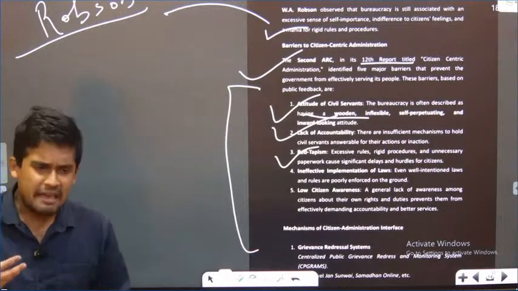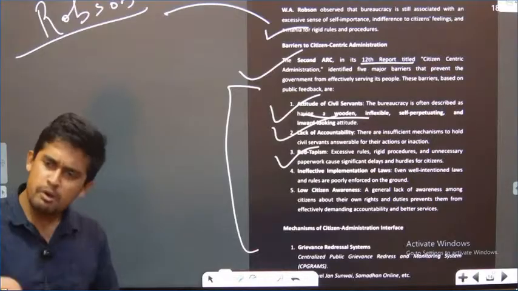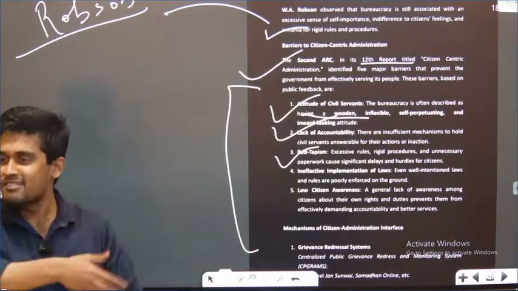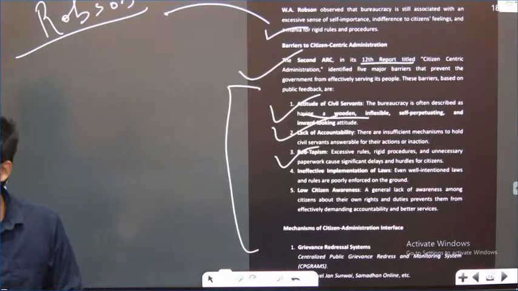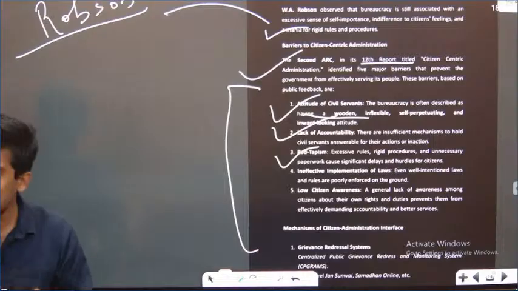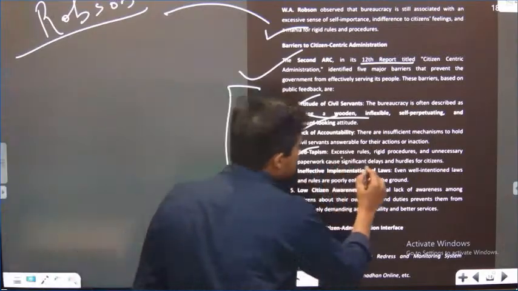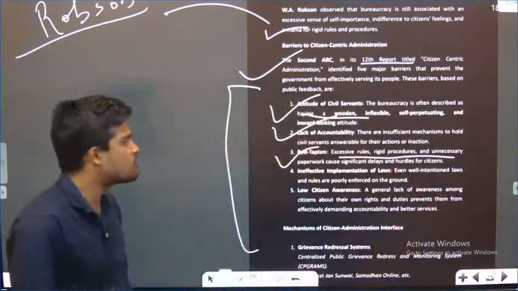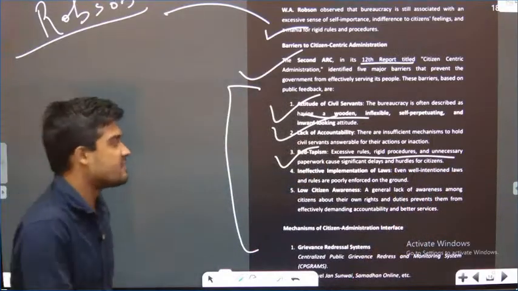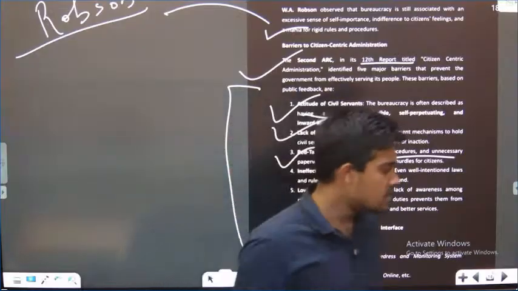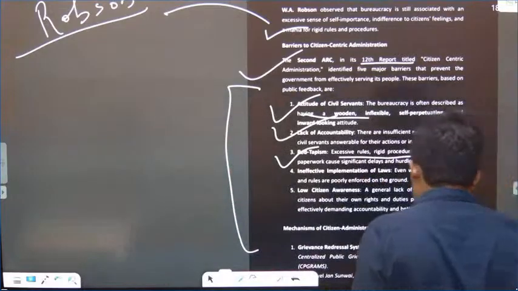Anything in the government is done through paperwork, photocopy, Xerox. Anything you go for, you need 2 or 3 Xeroxes. You don't give one photo, you give 3, 4 photos. Signatures in 5, 6 places. So excessive rules, rigid procedure, and unnecessary paperwork cause significant delays and hurdles for citizens.